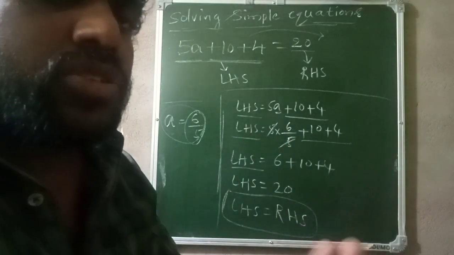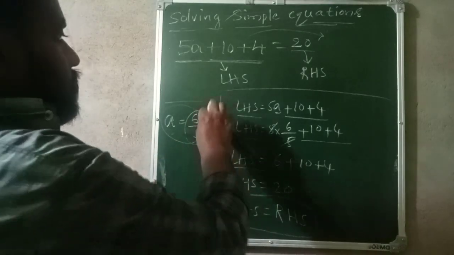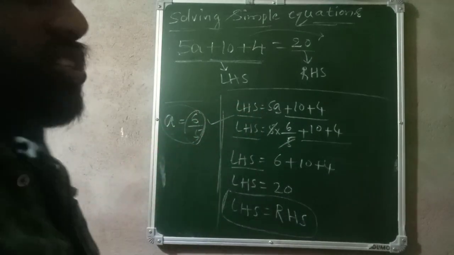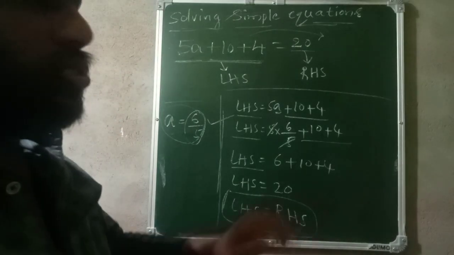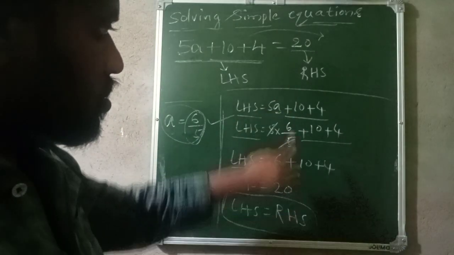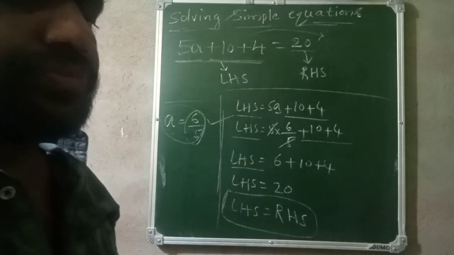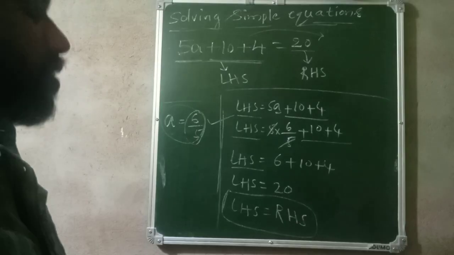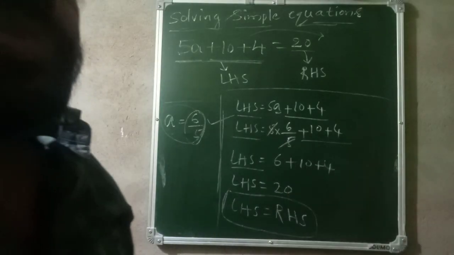When LHS is equal to RHS, that means the answer is correct. a is equal to 6 by 5 is correct because we got LHS equal to RHS. Like this, you can check whether the answer is correct or not. Yeah, that's all. Thank you.